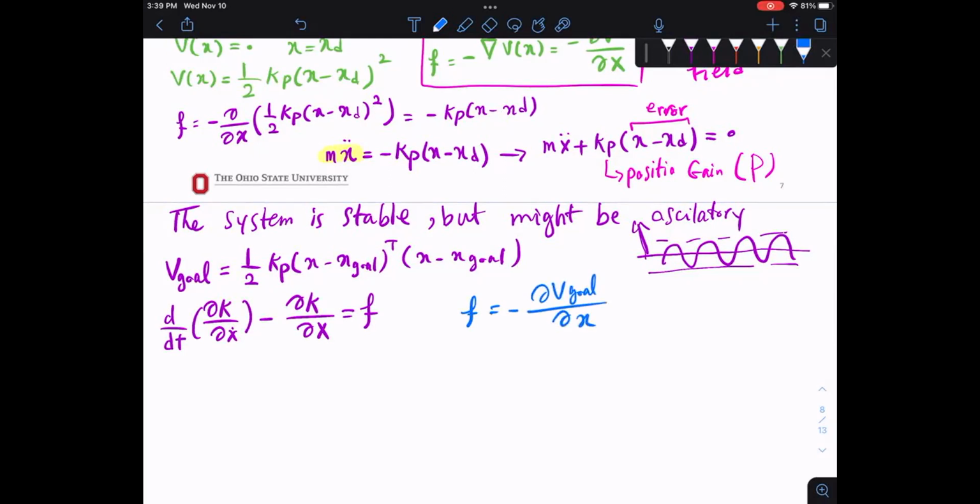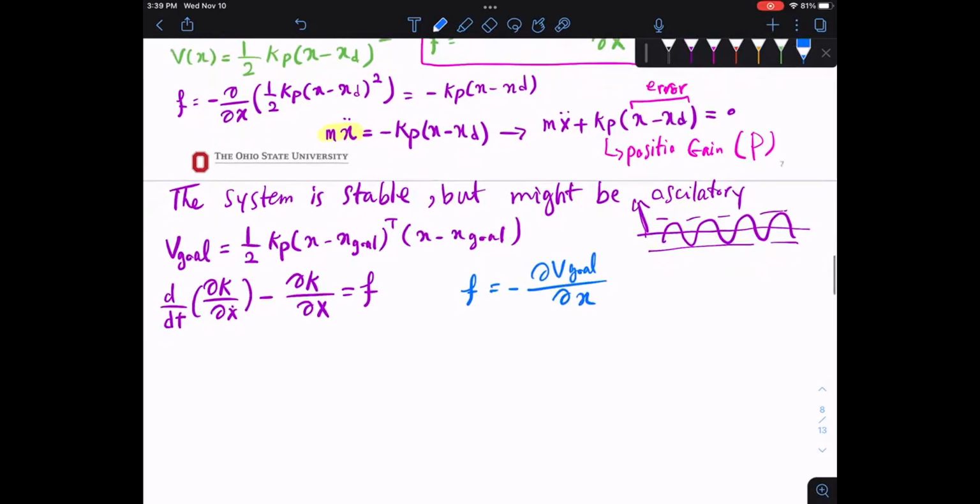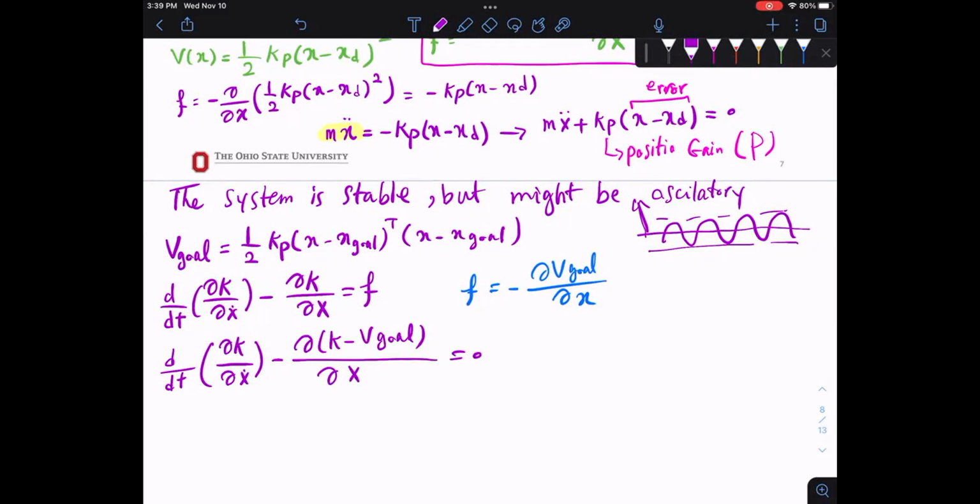I'm using potential field, so this is my potential energy. Now, if I put this back in here, since both of them are with respect to x, I can bring them in the same partial differential and put in the parentheses equal to 0. So if I can find a function that makes this 0, this is going to be stable.